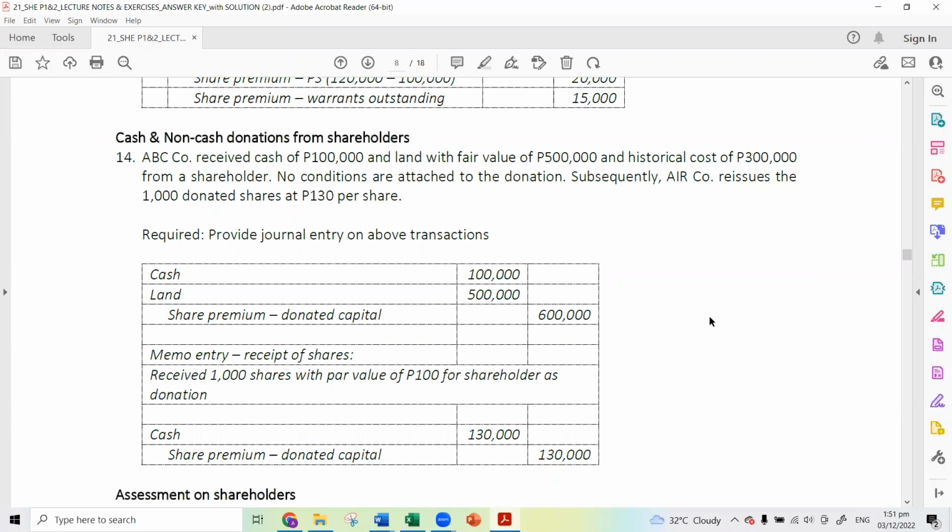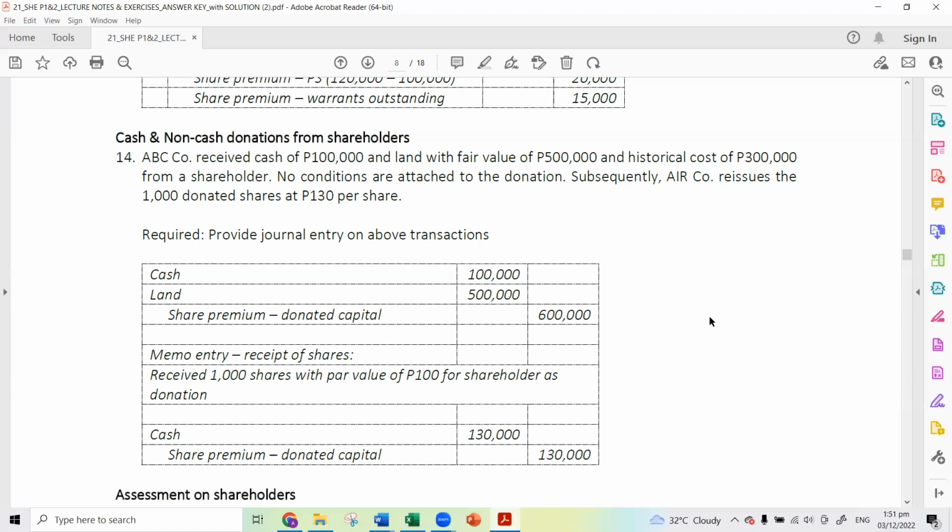Kasi donated nga eh. So one way lang, no? Donated capital may arise from donation from shareholders, donations from government, or other sources. So, tatlo. So, donation from shareholders, donation from government, o kaya naman donation from other sources.